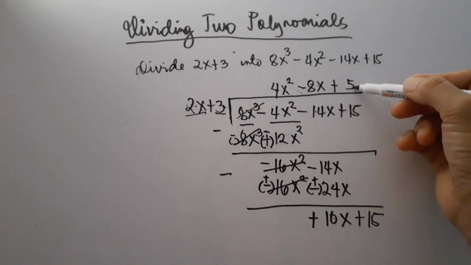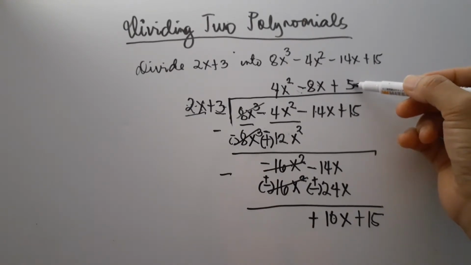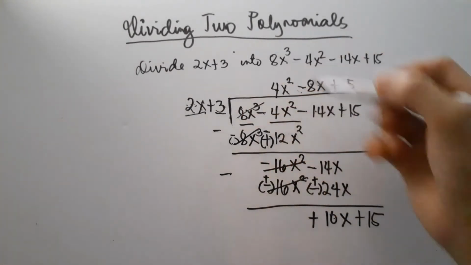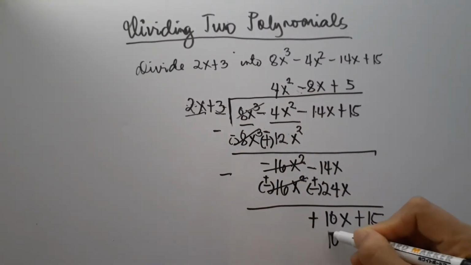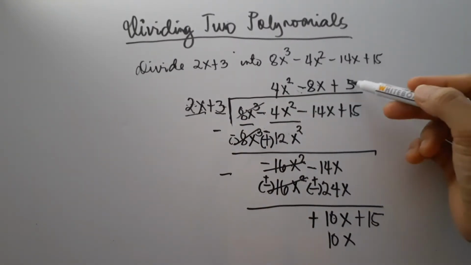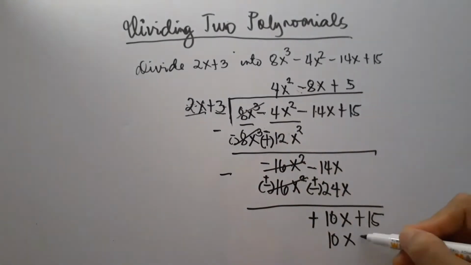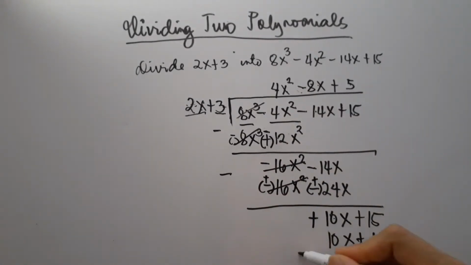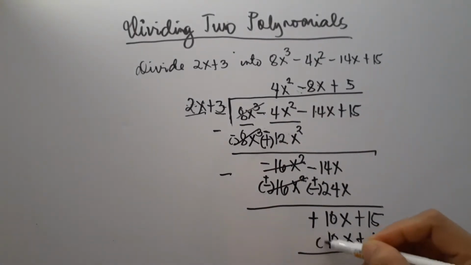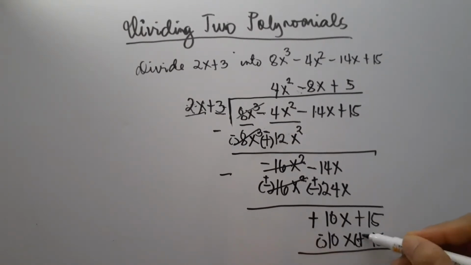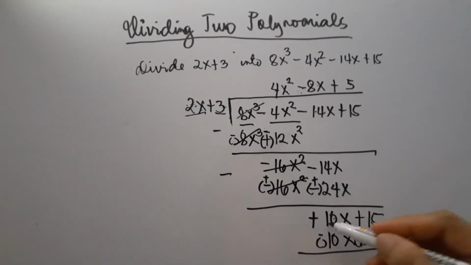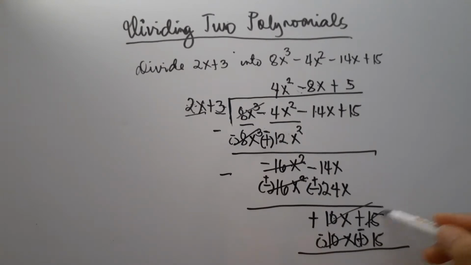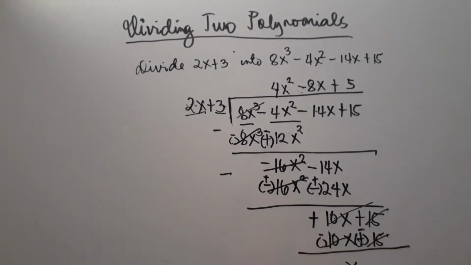So we do the multiplication process. 5 times 2x becomes 10x. 5 times 3 becomes 15. Then subtract. Change all the signs in the second row of polynomials. Then cancel out, and the answer is 0.